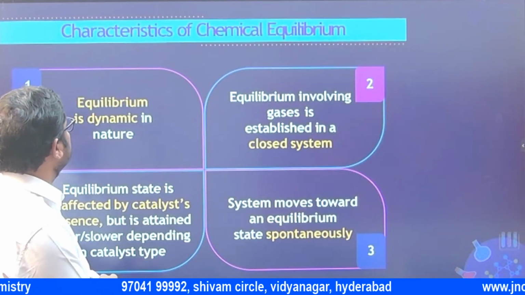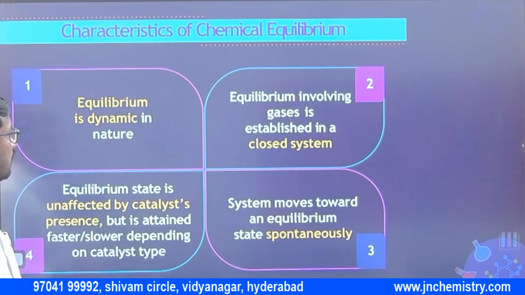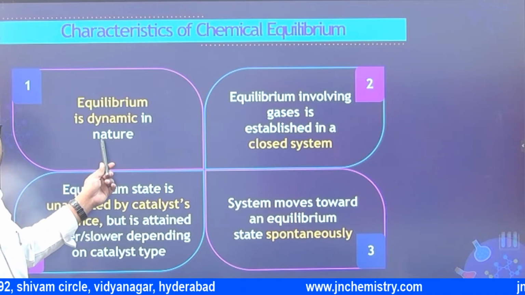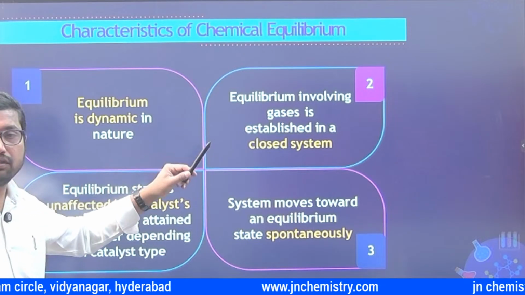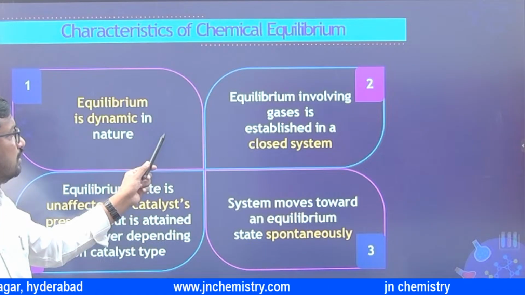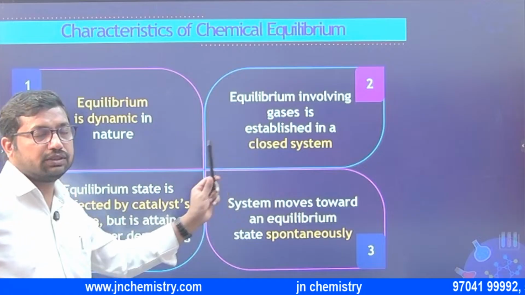So, characteristics of a chemical equilibrium. Write it down one by one. Equilibrium is dynamic in nature, as we already know. Dynamic in nature means reactant is converting into product and product is converting into reactant. Second, equilibrium involving gas is established in a closed system.